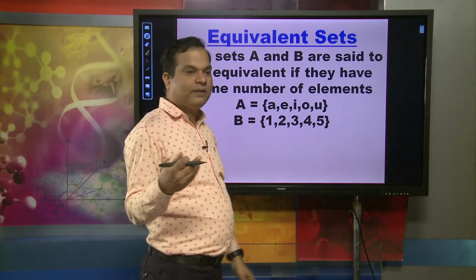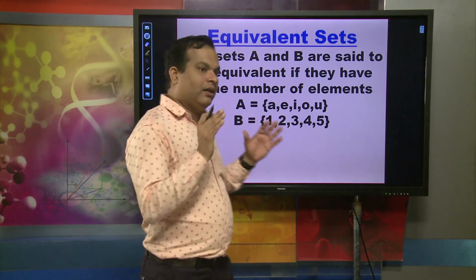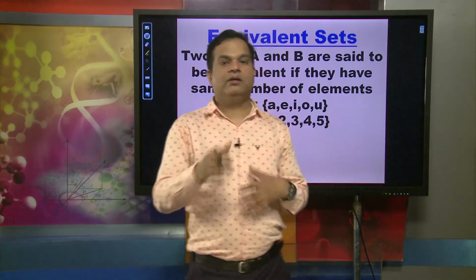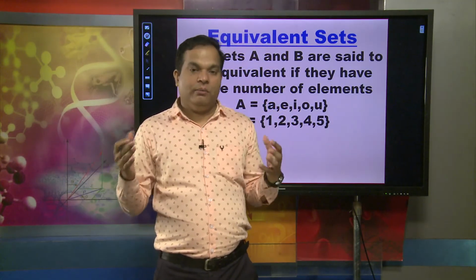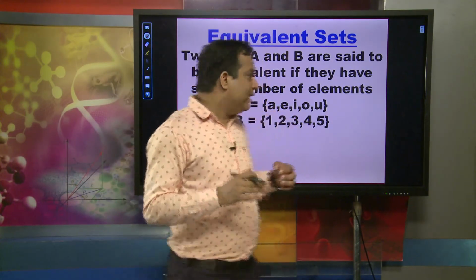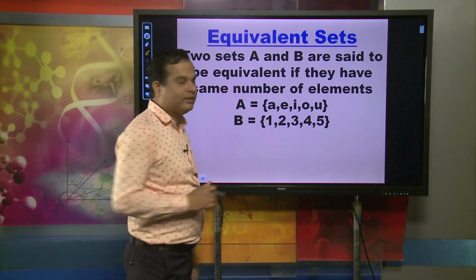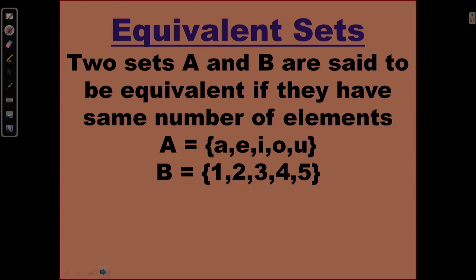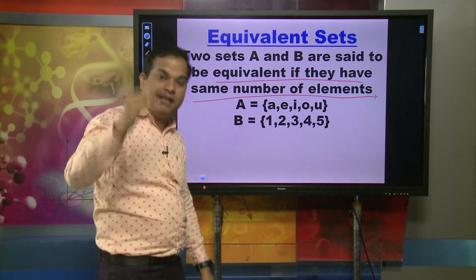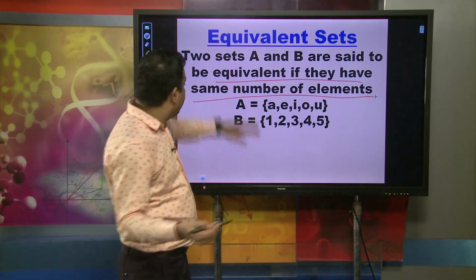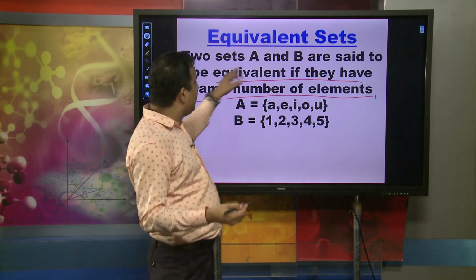Equivalent means, very simply, that the same elements may not be present, but the number of elements is the same. Two sets A and B are said to be equivalent if they have the same number of elements.